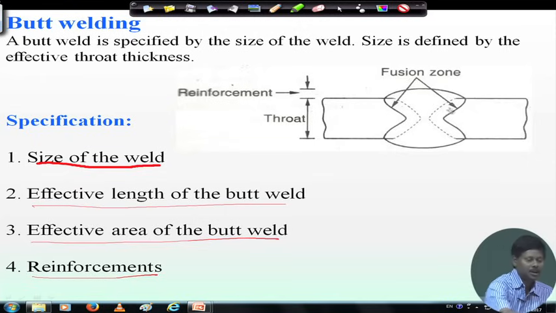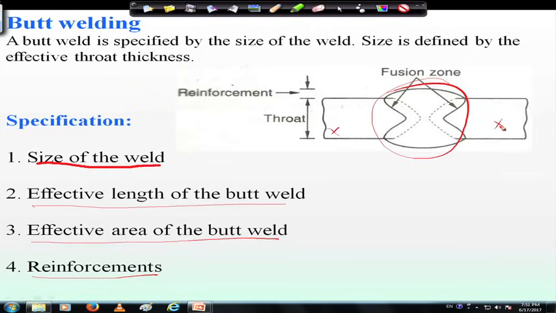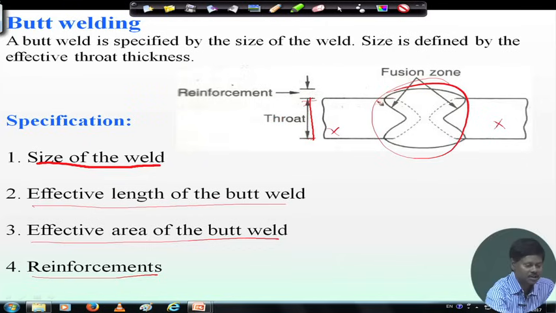If we see here, this is one plate and this is another plate, connected in the same plane, and through fusion we have joined them. This is called throat thickness, from which the size of the weld can also be found, and this extra deposit is called reinforcement.